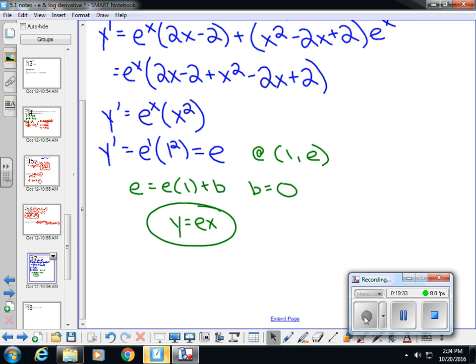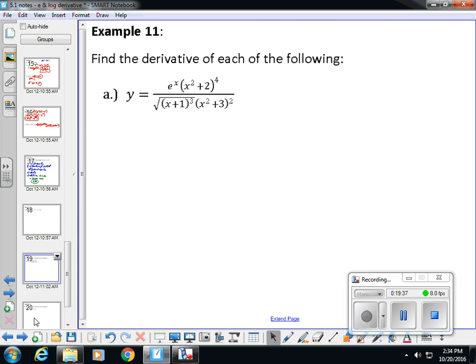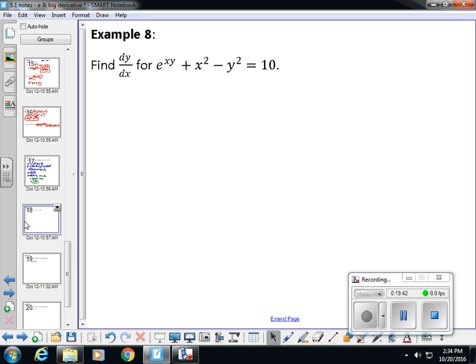Right? And then this will be our final example. Example 8, find the derivative of this. Okay? So the first one, e to the x y, I write down the original times, and then take the derivative of what's in the exponent.